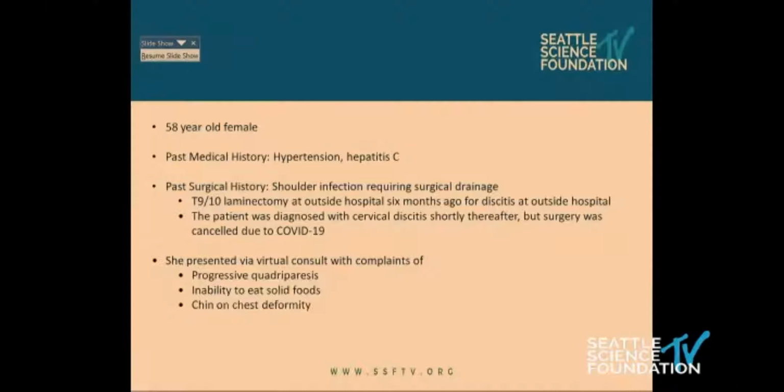She was diagnosed with cervical discitis shortly thereafter, and surgery was scheduled, but then canceled due to COVID-19. She presented via virtual consult with complaints of progressive quadriparesis and inability to eat solid foods. She'd been both wheelchair bound and on a liquid diet for a number of months, with a progressive chin-on-chest deformity.